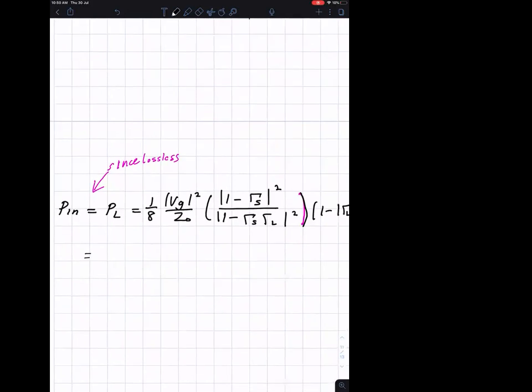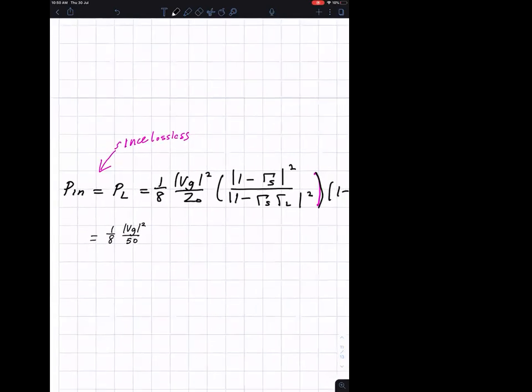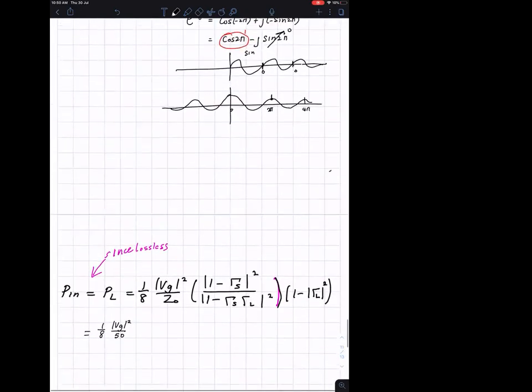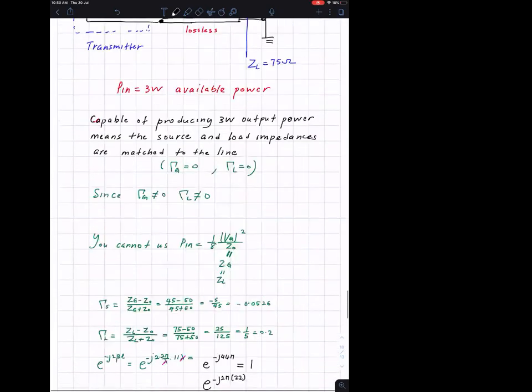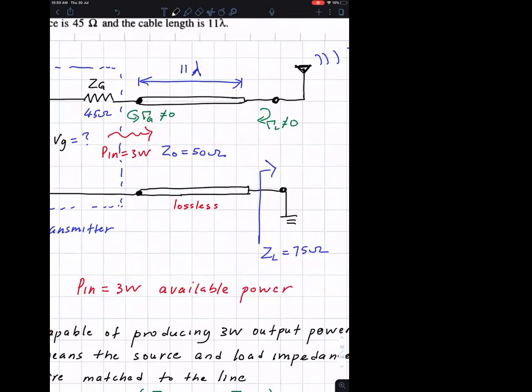A 1.8. But we don't know what VG is. We know everything, but we don't know what VG is. The characteristic impedance, Z naught, is 50.